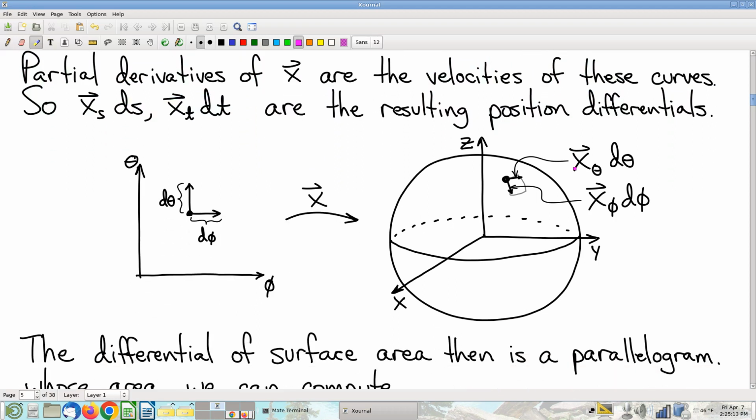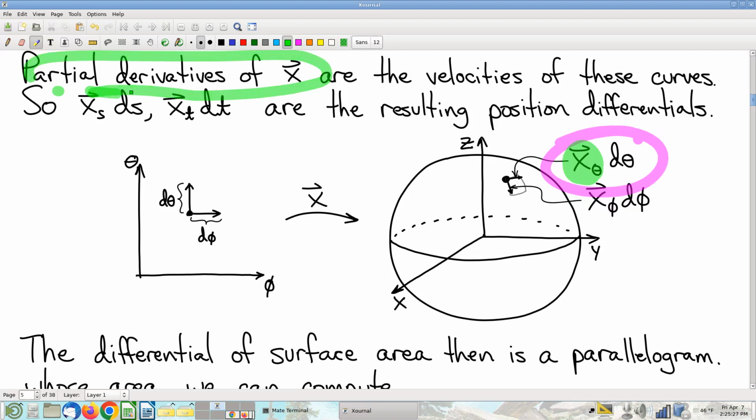If I want to look at this expression right here, x theta d theta, what is x theta d theta? Well, this thing here, x theta, is a partial derivative. That's what the subscript of theta means. It's a partial derivative of our parameterization, which means that it is a velocity vector.